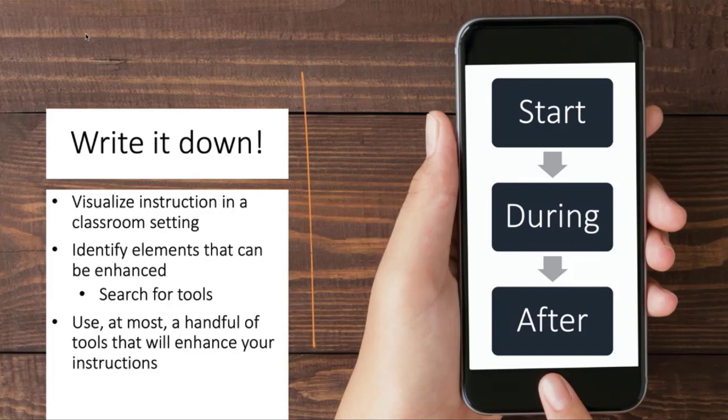And if you feel like that's the right move to make, then go ahead and make that move. But my recommendation is to always try out the free version first. See if this is something that you can actually utilize and it's going to enhance your training. And if it's not, you move on to the next tool. And if it does enhance your training, you could just stick with the free version. But if you feel like you need the premium features, then go ahead and pay for it.